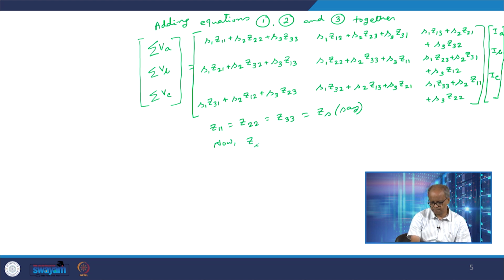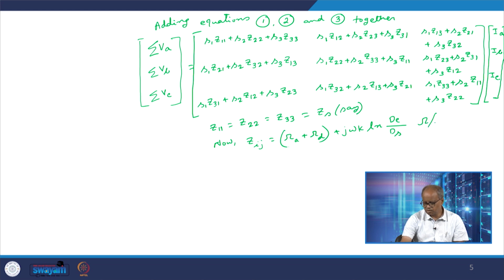Zij is equal to RA plus RD plus j omega k log dE by ds. This is in ohm per meter, and this is for i equal to j.